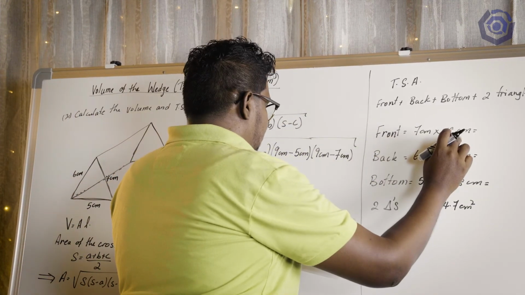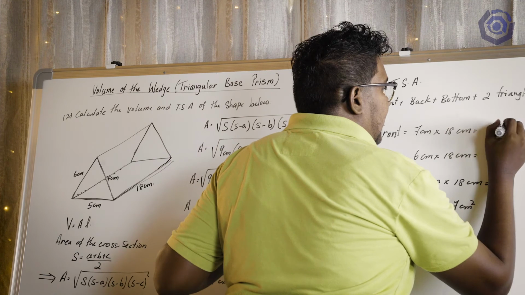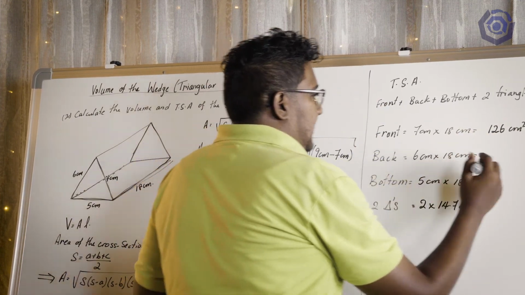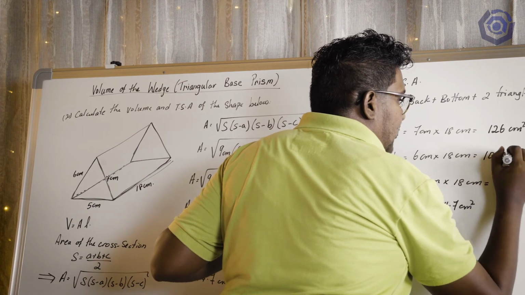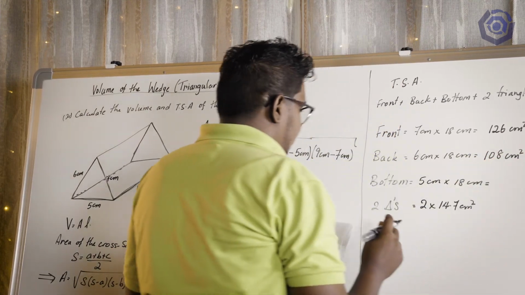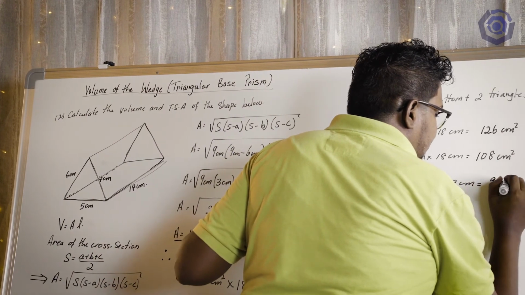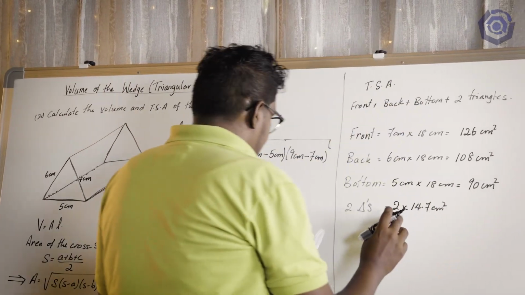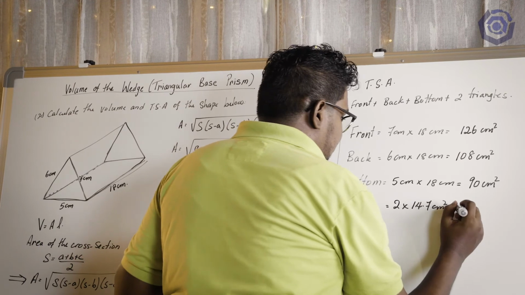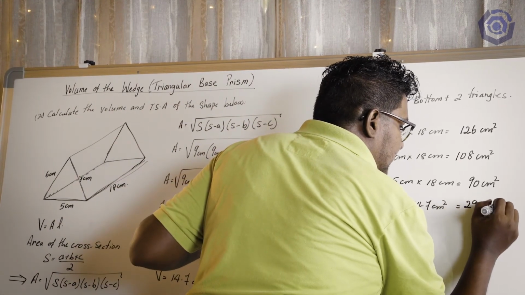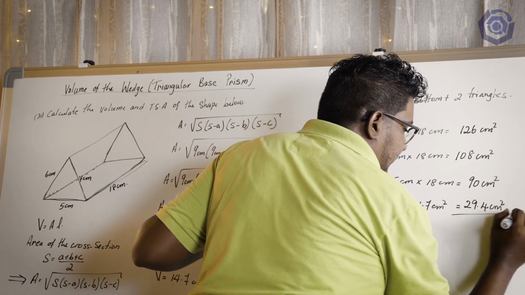Multiplying them, 7 times 18 is going to give me 126 cm squared. 6 times 18 is going to give me 108 cm squared. 5 times 18 is going to give me 90 cm squared. And 2 times 14.7 is going to give me 29.4 cm squared.